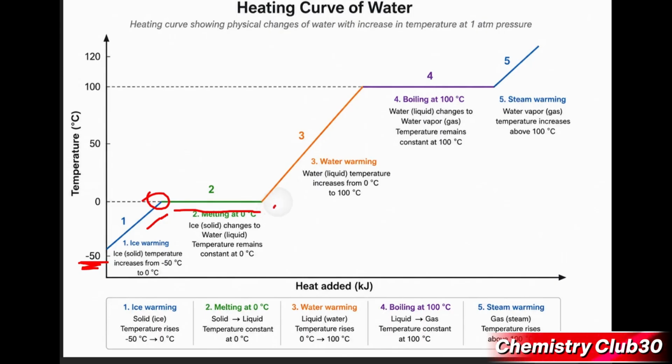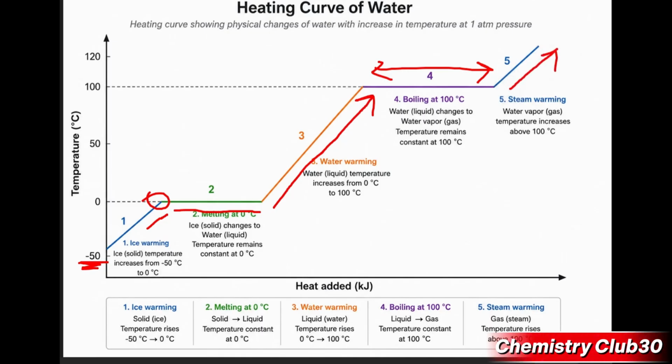Then again a rise in temperature is observed from 0 degrees Celsius till 100 degrees Celsius because now the provided heat is used to increase the kinetic energy of the liquid water. At 100 degrees Celsius, this water starts boiling, and after that, again there is no change in temperature. This horizontal line represents the phase change in which liquid is converting to the gas or vapor phase, and after that, temperature is again rising.